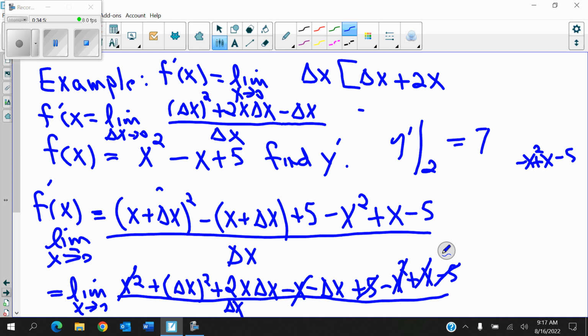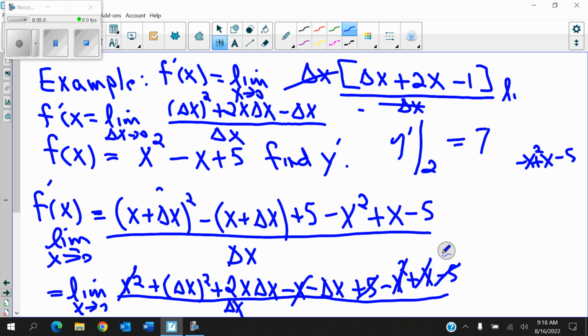If you take out the delta x, you're left with 1, where is that at? The minus delta x. Okay, so we got a minus 1 right there. And this is over delta x, those cancel.